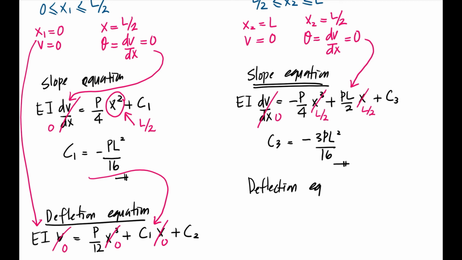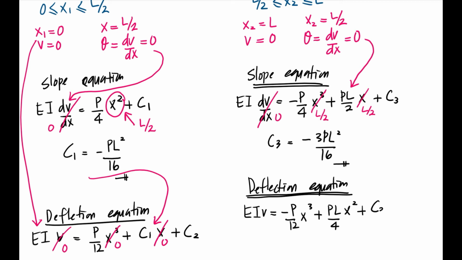Okay, then define the deflection equation. For the deflection equation, EI v equal to negative P over 12 x to the power of 3 plus PL over 4 x to the power of 2 plus C3x plus C4. So here your C3 you can substitute.